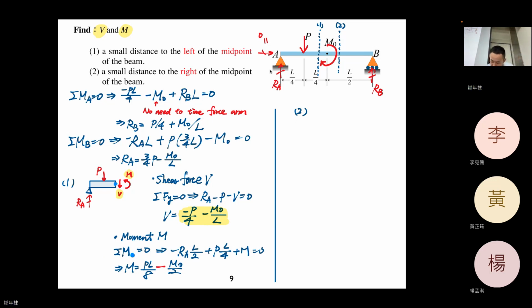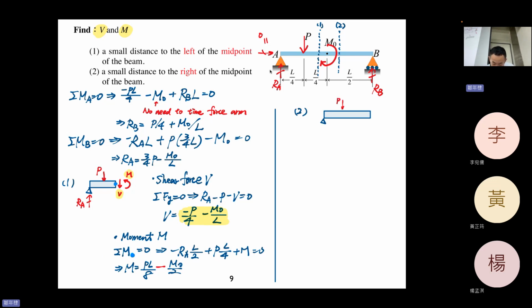So again, now we are cutting this line. We pass the center point, so now M0 appeared.